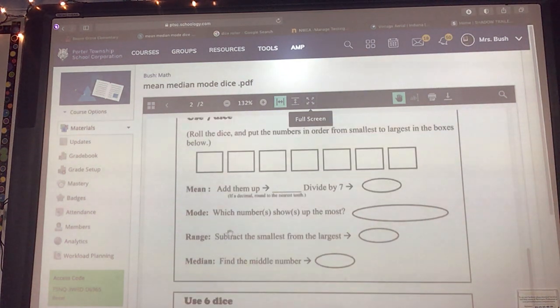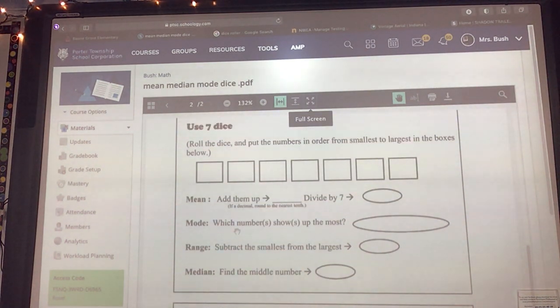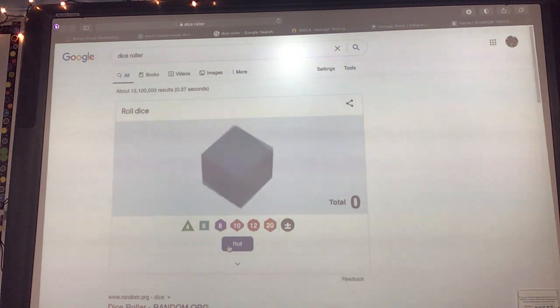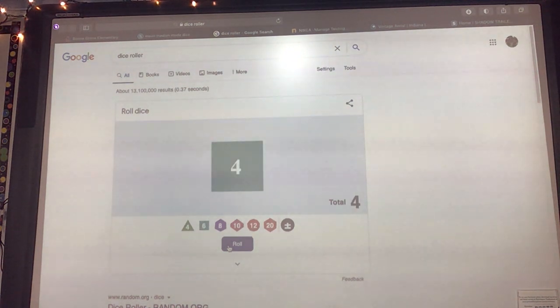All right, this next one, we're using 7 dice. Let's roll together, but then you're going to do it independently on your own. All right, here we go. I did get a 3 though. A 3, a 4. I'm gonna write these down up here.